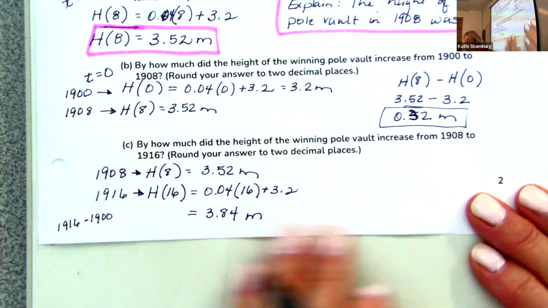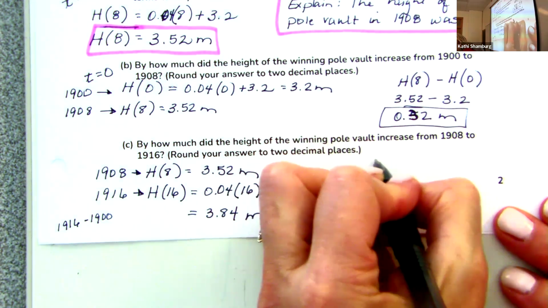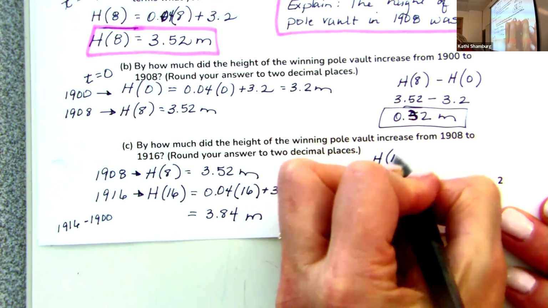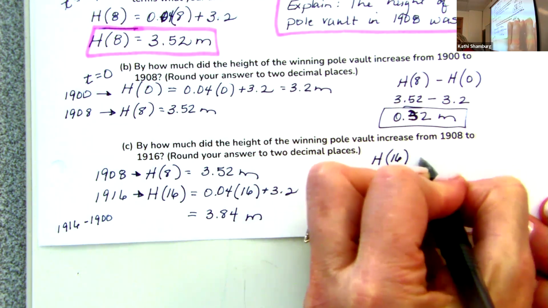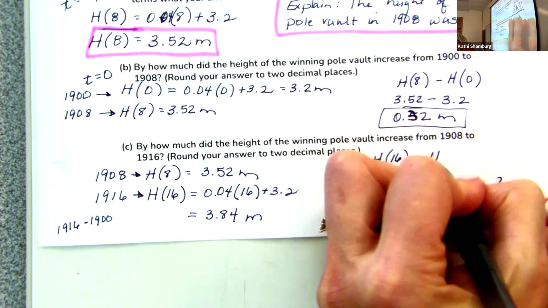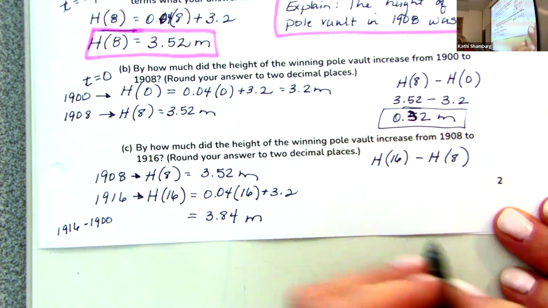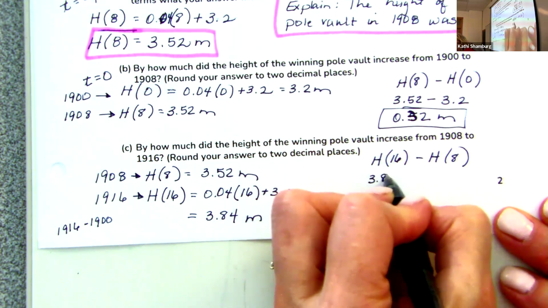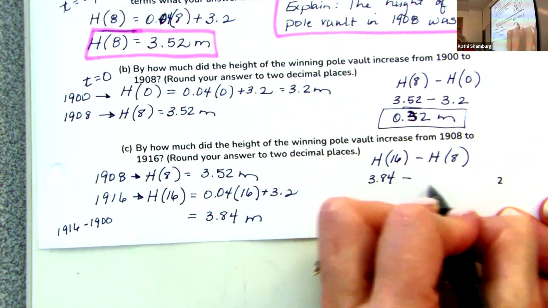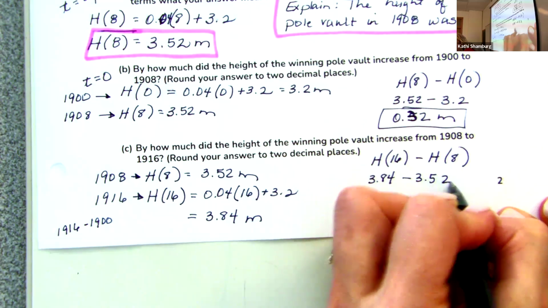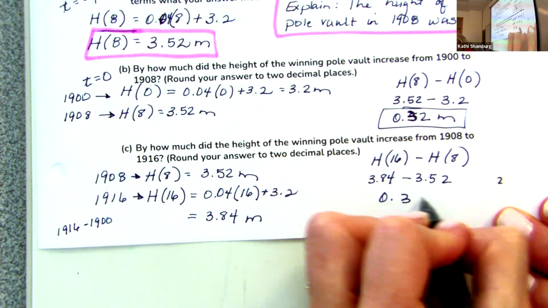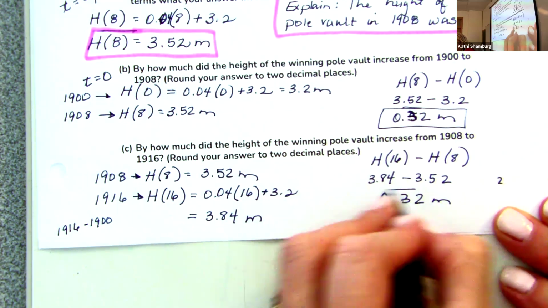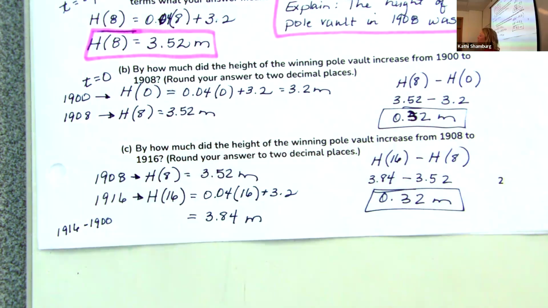So I should calculate a positive number. So in this question, we're going to do height after 16 years minus height after 8 years. So that would be 3.84 minus 3.52, and we get the same value. And again, this is positive, so it was an increase. Okay.